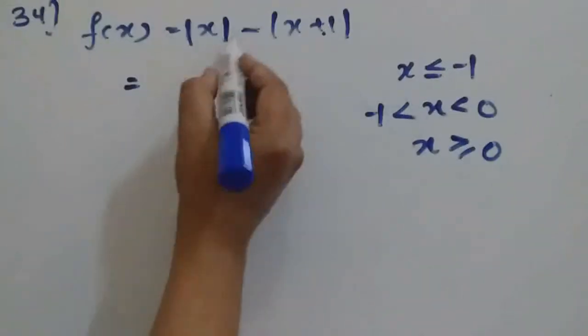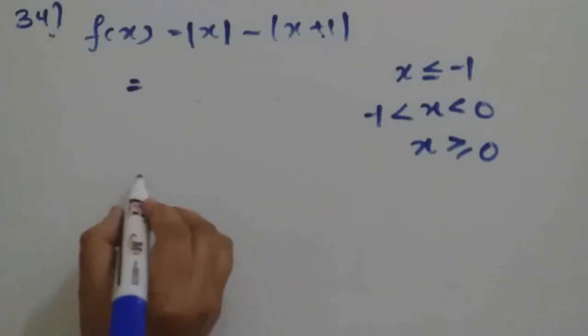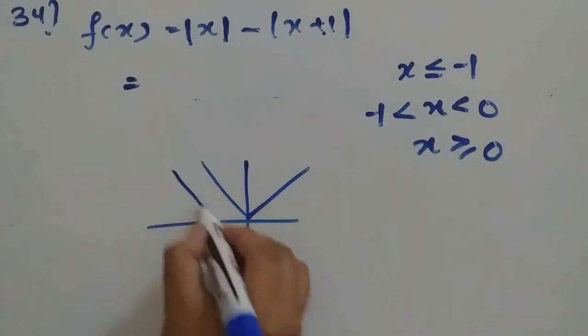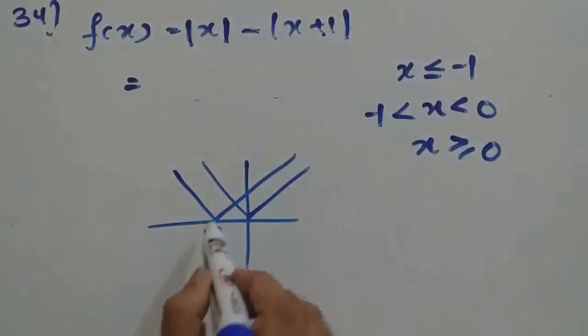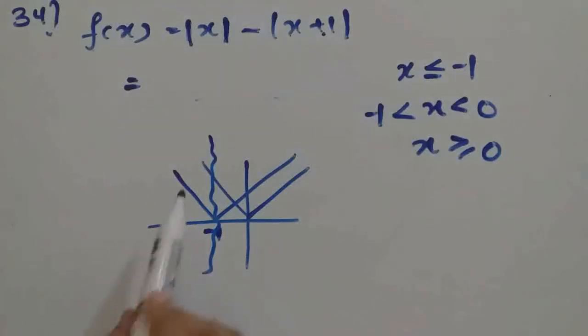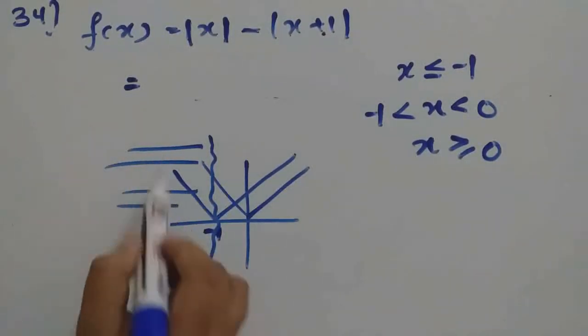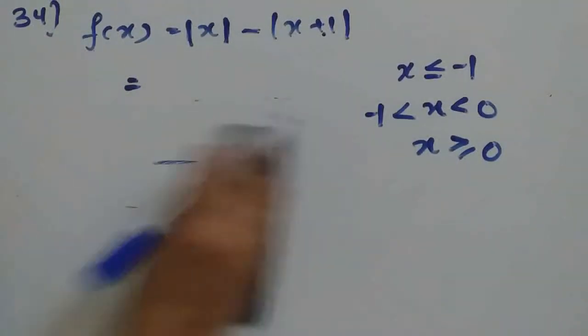What will happen to this function? Now x is less than or equal to minus 1. This is mod x, this is mod x plus 1, and x less than or equal to minus 1 means this area. In this area both are negative, so both modulus expressions will be negative.